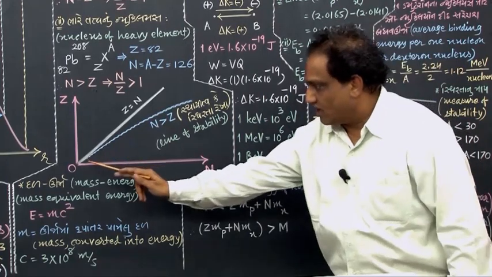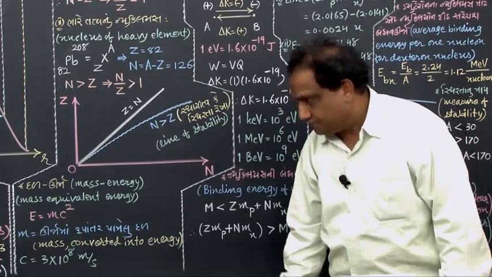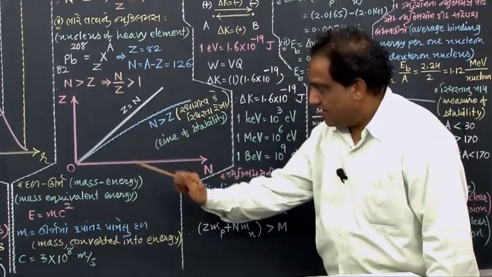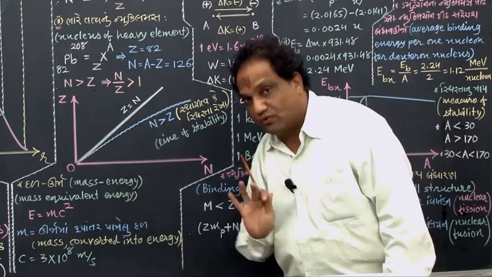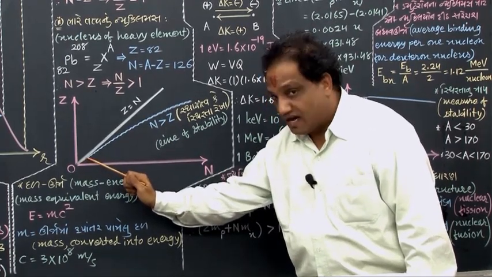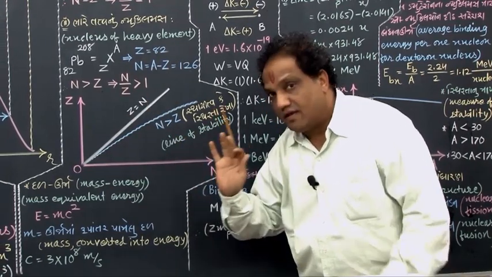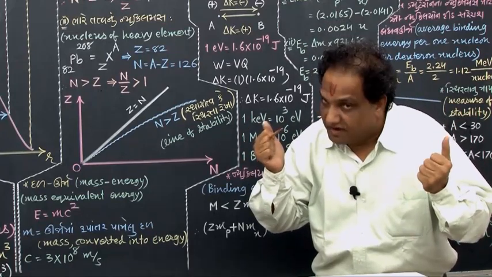Now we have also plotted another curve, that is the blue colored dotted curve. For this blue dotted curve, you can see its initial part is superposing on this straight line, which is N equal to Z, meaning that for the points in the initial part of this dotted curve, N equals Z, so you are talking about the nucleus of a light element. Fine.